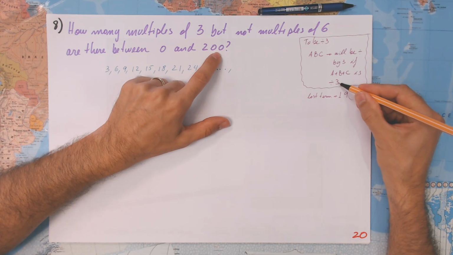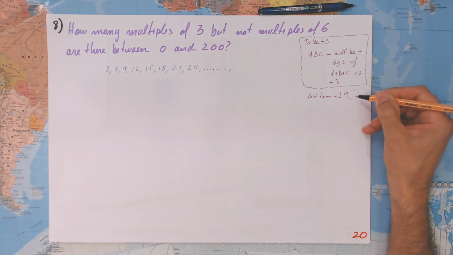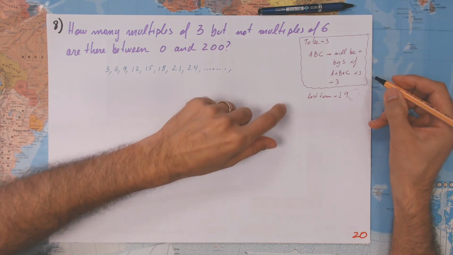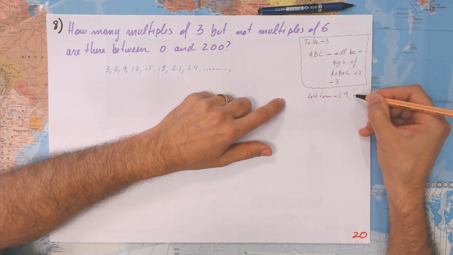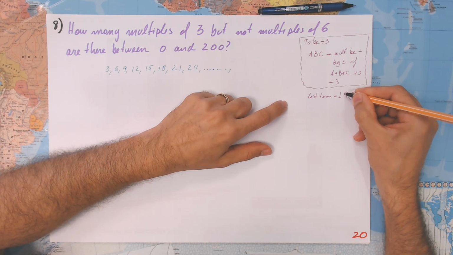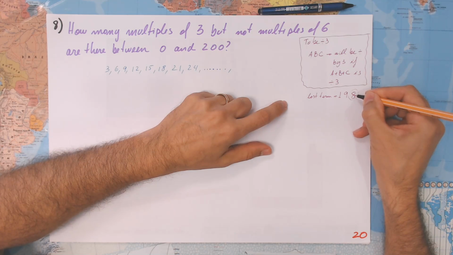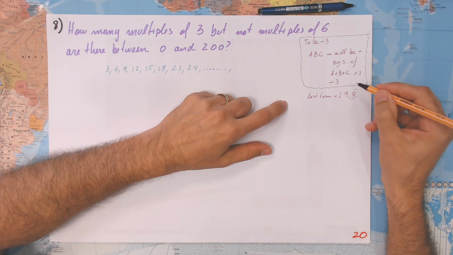19 is not divisible by 3. If we add 1 plus 9 plus this one, that number must be divisible by 3, and 199 is not. Okay, now let's try with 8. If we put 8 in here, what are we going to get? 9 plus 10 plus 8, 18. 18 is a multiple of 3.